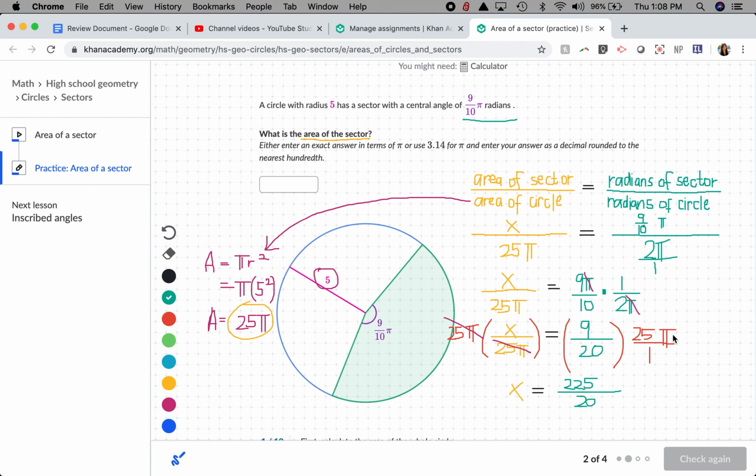And don't forget, you still have that pi in the numerator. 225 pi over 20. Let's see if we can simplify that. 225 divided by 20 is simply going to give you 11.25 pi.